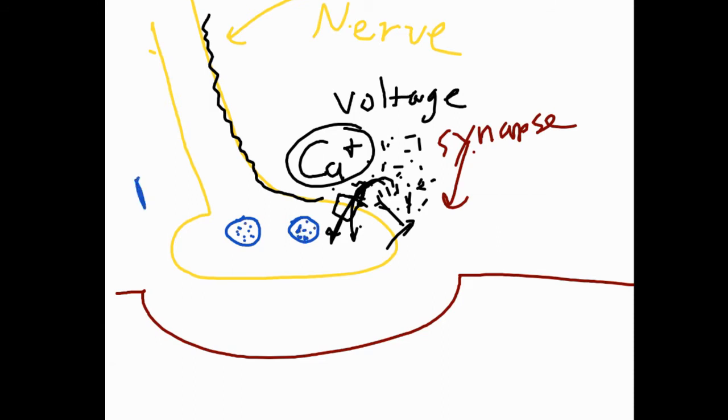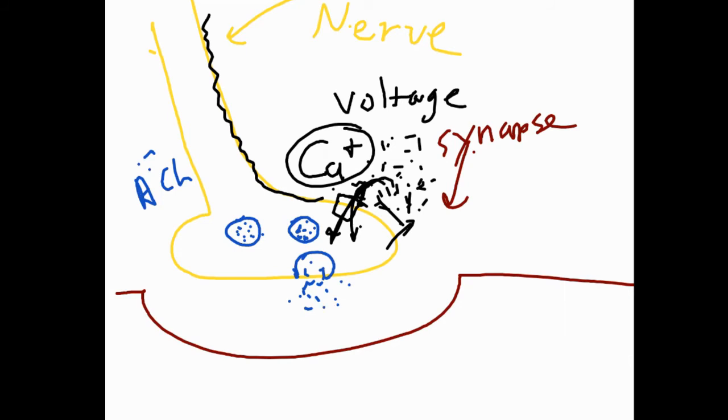And this particular one is acetylcholine. That's going to be those little blue dots, okay? They're inside here. All right. And when the calcium comes into the end of the nerve, that causes these to migrate to the end of the axon and release their acetylcholine via exocytosis into the synaptic cleft, into that gap there.